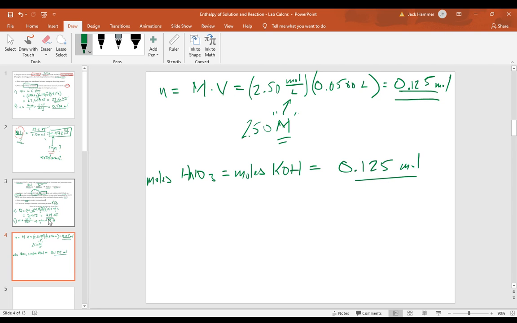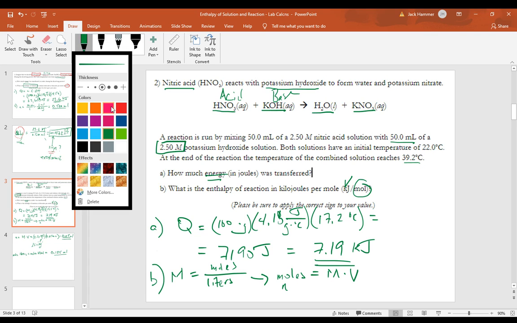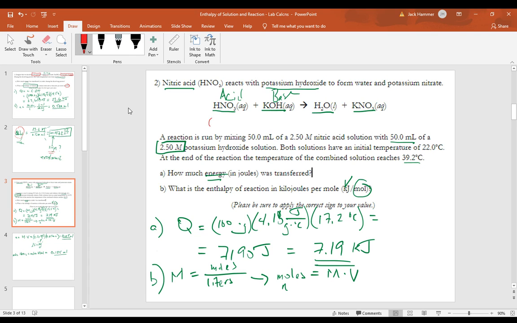Okay. Now, back to the chemical equation. Let me clean things up just a little bit here. If we go back to the chemical equation, now we can label each reactant with the number of moles that are reacting.